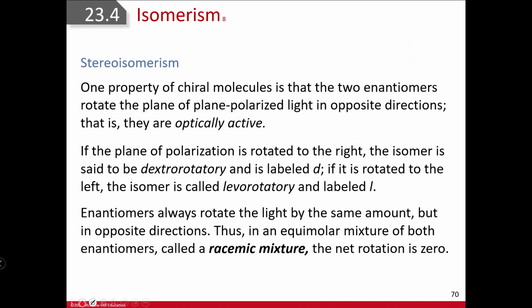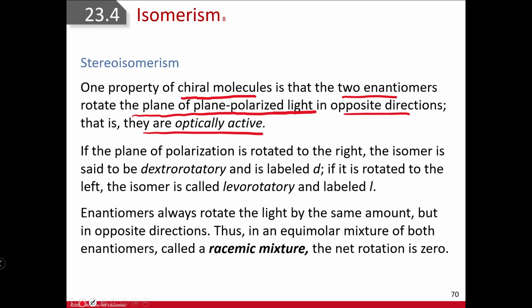All right. So stereoisomerism, one property of chiral molecules, again, where we have four different things coming off the central atom, is that the two enantiomers rotate a plane of plane polarized light in opposite directions. They are optically active.